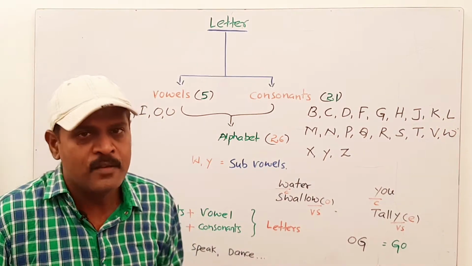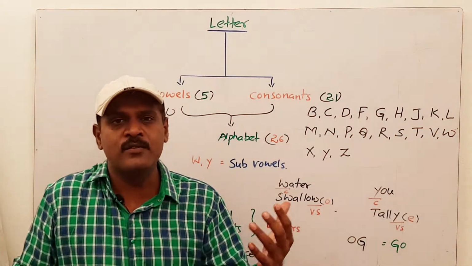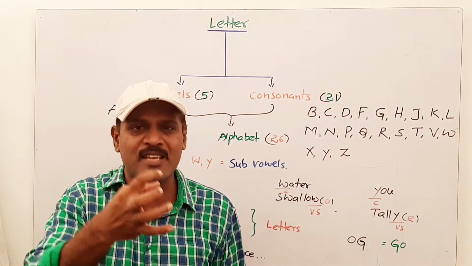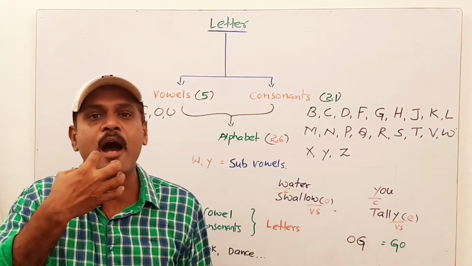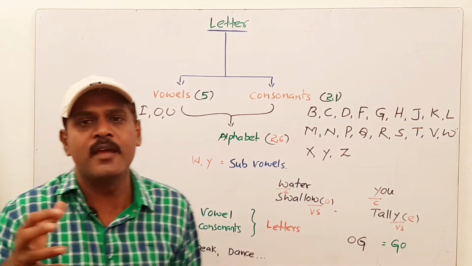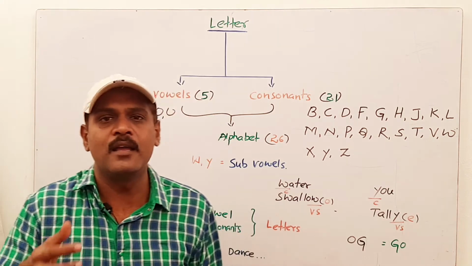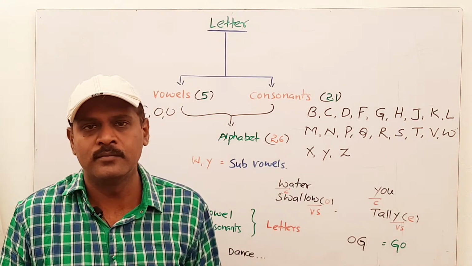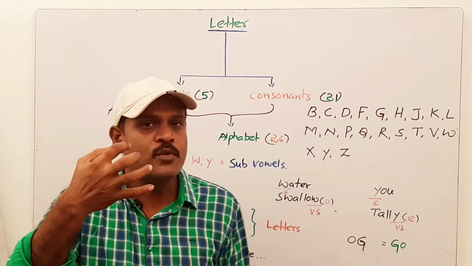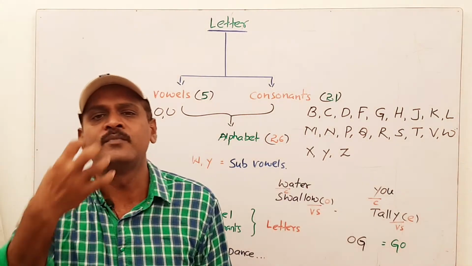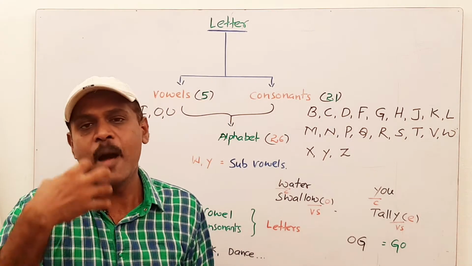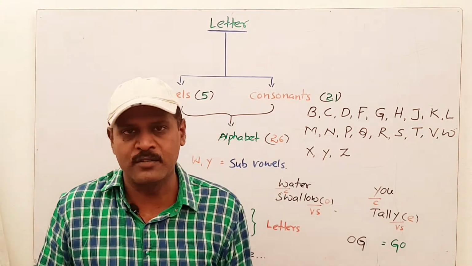Simple. When we pronounce vowels, we need not touch our lips, and we need not touch our tongue to the upper part of the mouth. For instance, A, E, I, O, U. In the case of consonants, we have to join our lips, or our tongue with the upper or lower part.